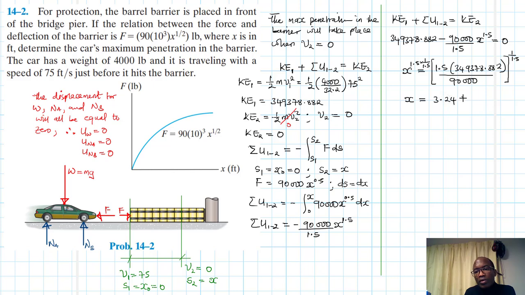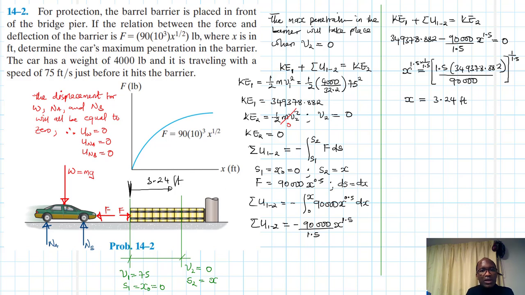Right. So our x is 3.24 feet. So this is the deformation in the barrier, and this is the displacement, how much the car will have moved as it hits the barrier. It will move 3.24 feet.